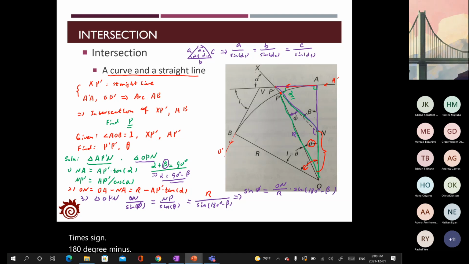And you should know that for the sinusoidal function, sine 180 degree minus beta is just sine beta.